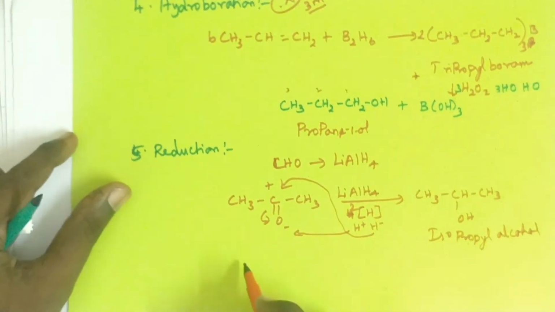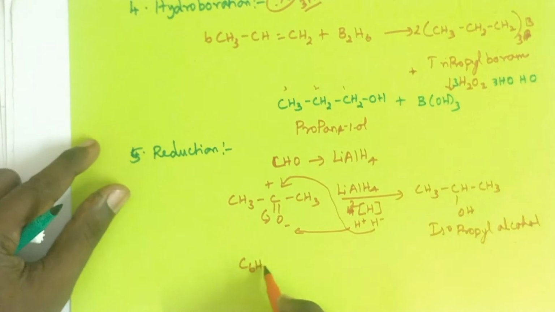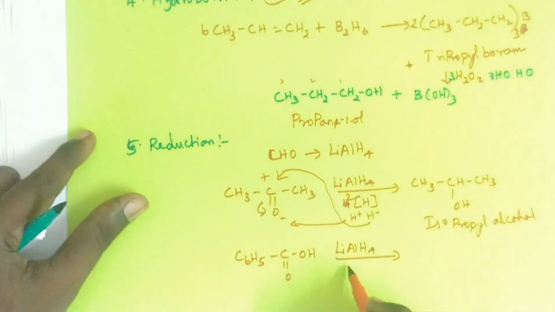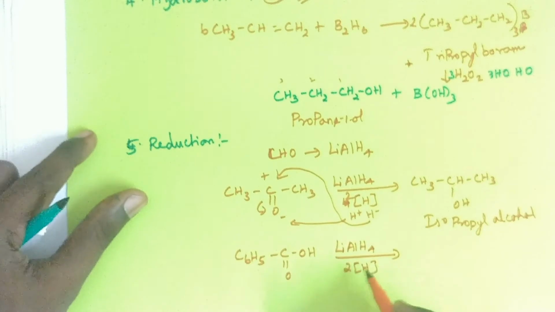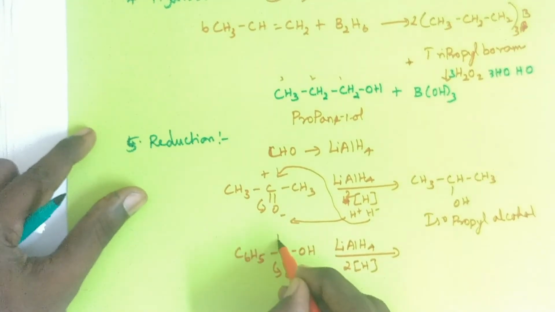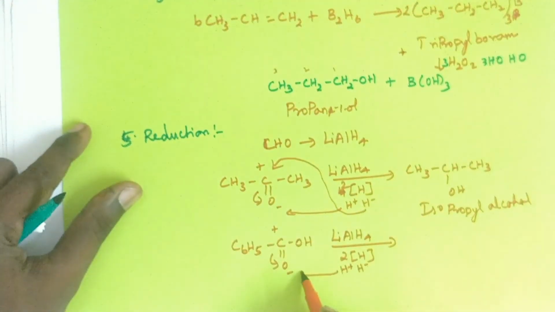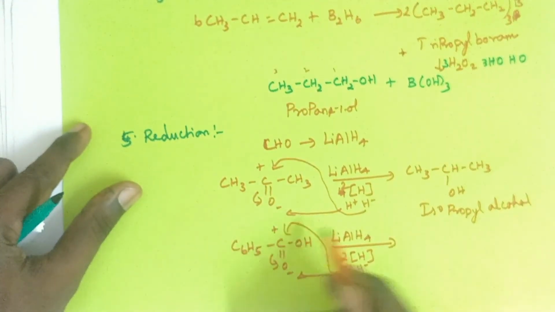Isopropyl alcohol. Similarly, you try for acid, benzoic acid, structure C double bond O, OH. On using LiAlH4, same, 2 molecules of hydrogen. So on polarization, minus, plus. So H2 is split as H plus, H minus. This plus is added over minus. This minus is added over plus.